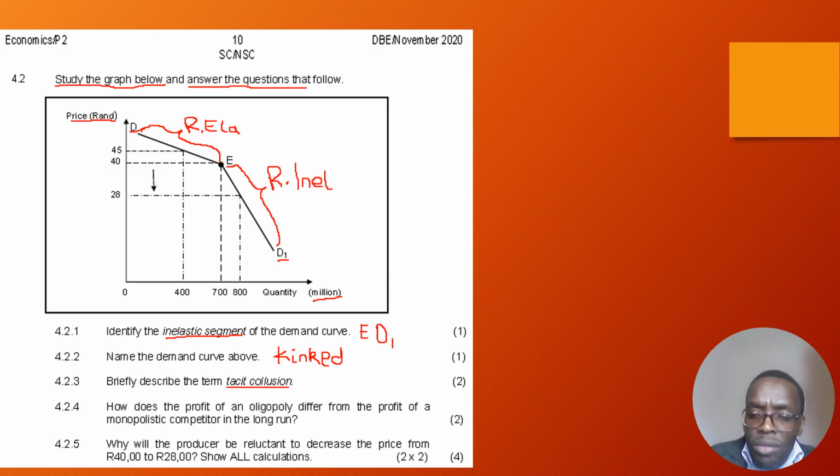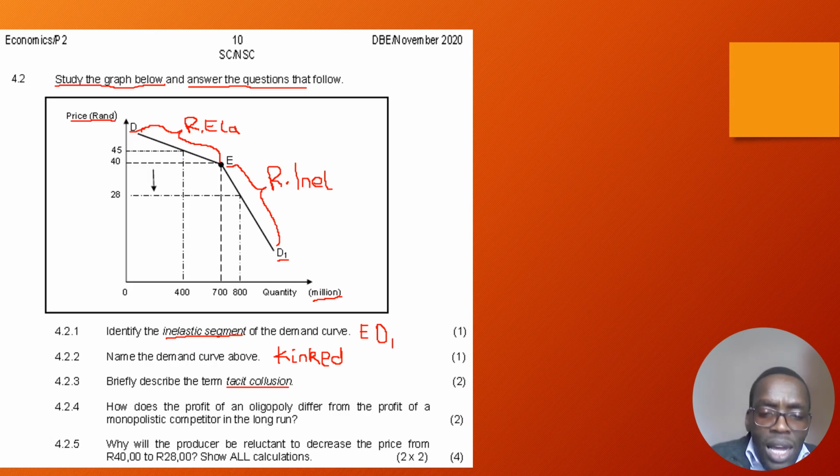The firms are not going to sit and agree on what to do, but the behavior of probably a market leader in that oligopolistic industry influences the behavior of the rest of the firms, without having agreed on a certain course of action. That type of collusion is called tacit collusion.